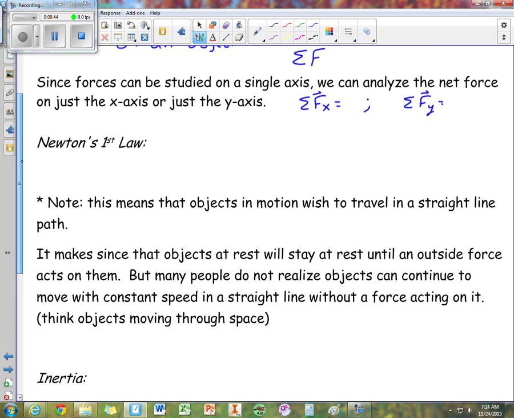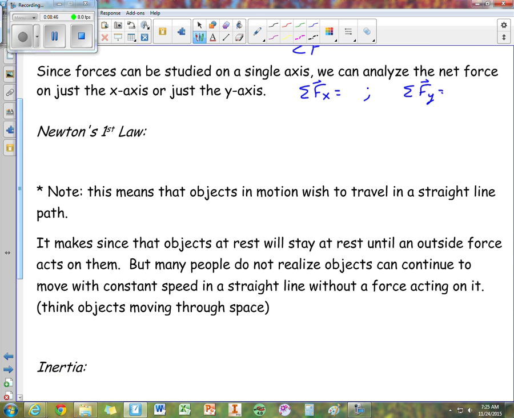Okay, now this all leads us up to something called Newton's first law. This is a lengthy definition.